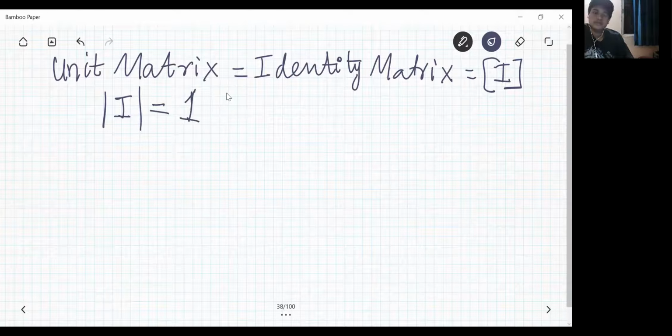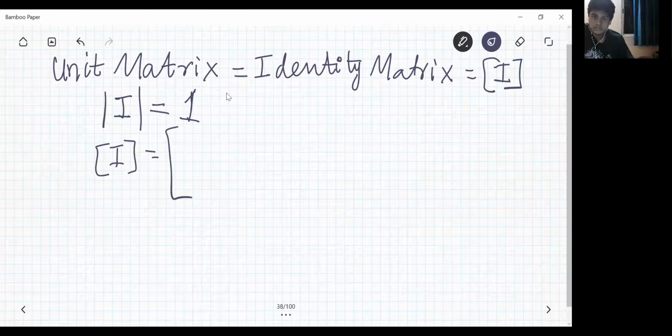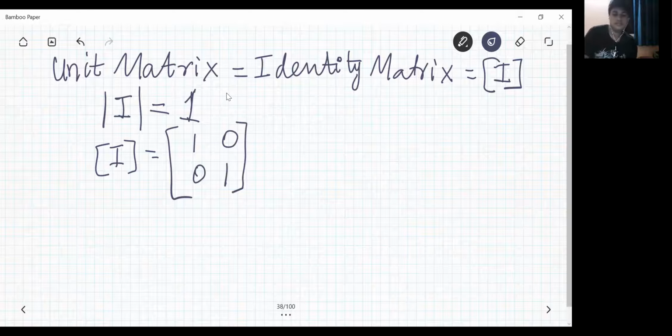So it may be a 2 by 2 matrix also. Yes, it can be like this. That is, the numbers on the principal diagonal are 1, 1, and others are 0.